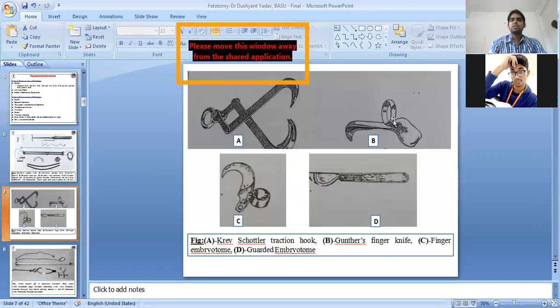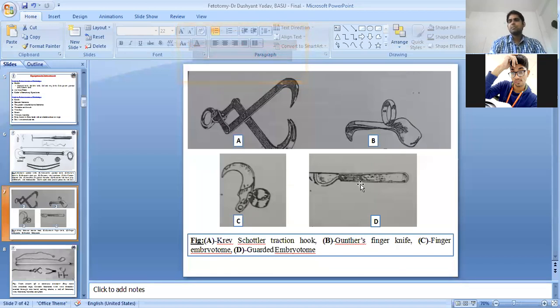These are the instruments. This is the finger knife, the finger embryotome or guarded embryotome. With the help of these knives, we can dissect the underlying muscle or tissues in subcutaneous fetotomy.